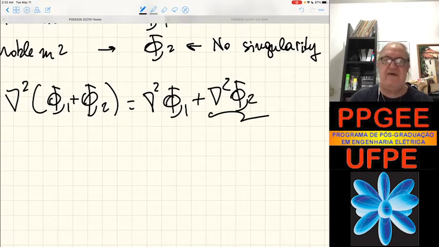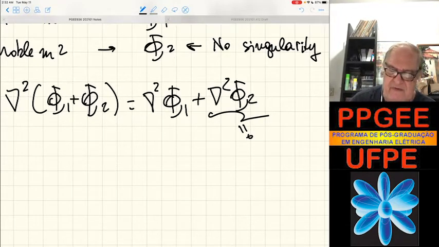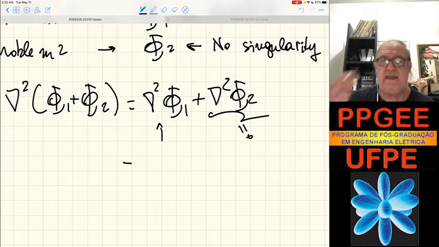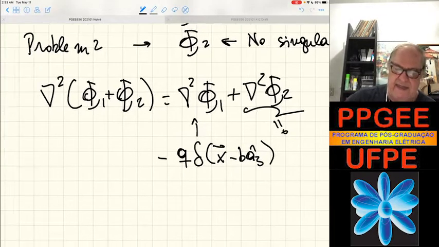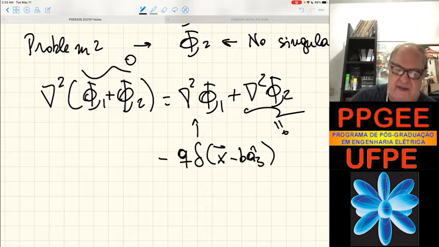Well, the Laplacian of phi 2 outside is 0 because there's no charge density. And the Laplacian of phi 1 is minus the density of the point charge, which is Q delta of x minus b a_z, right? So that's the Laplacian of this combined solution.